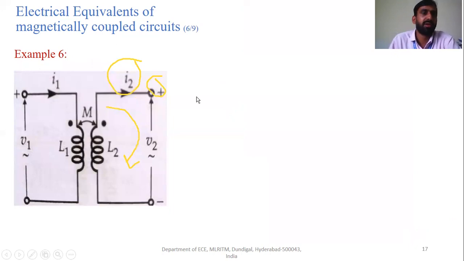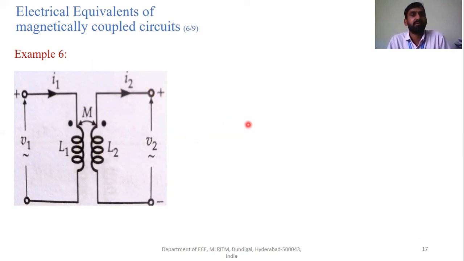So we will go to example 6. In example 6, you can check it out. Here the dots are placed according to the first example, but the current is again mentioned in a reverse manner.